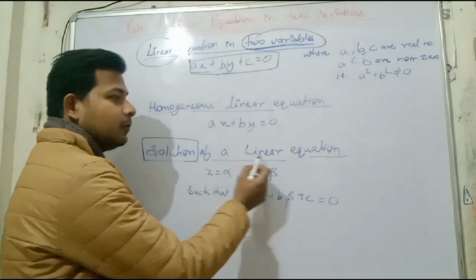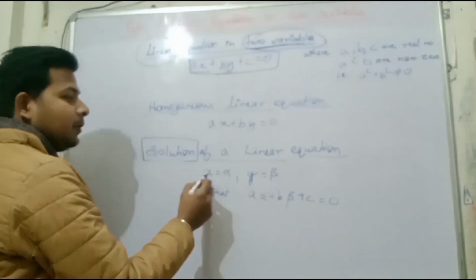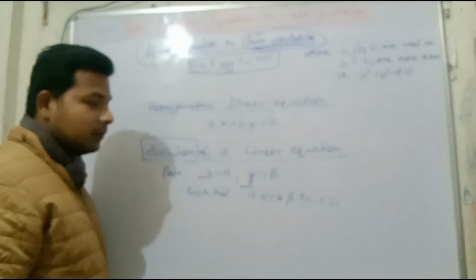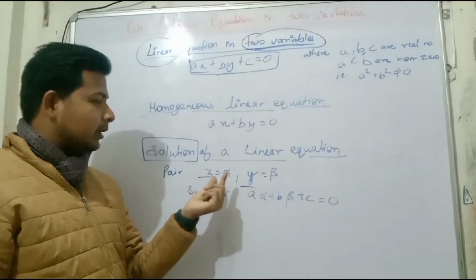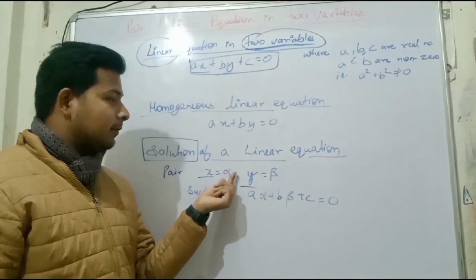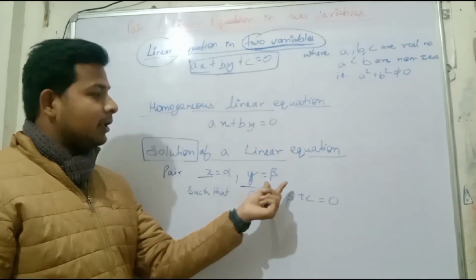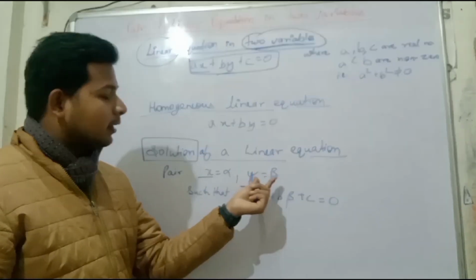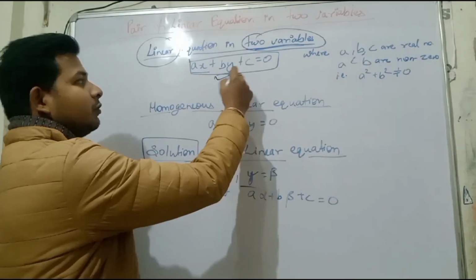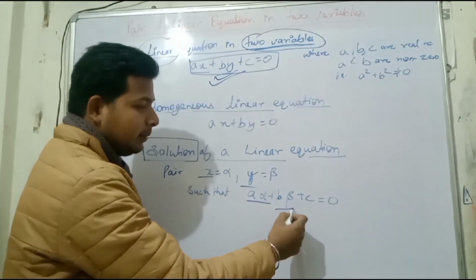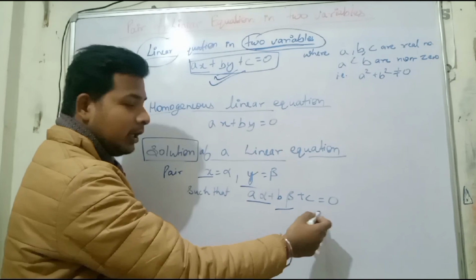Now, in this chapter, you will face this word many times, and that word is solution. Now, what is the meaning of solution of a linear equation? If you have got a pair of values of x and y, let's say the value of x is alpha and the value of y is beta, where alpha and beta both are constants, and if you put these values in this equation, the result will be a alpha plus b beta plus c.